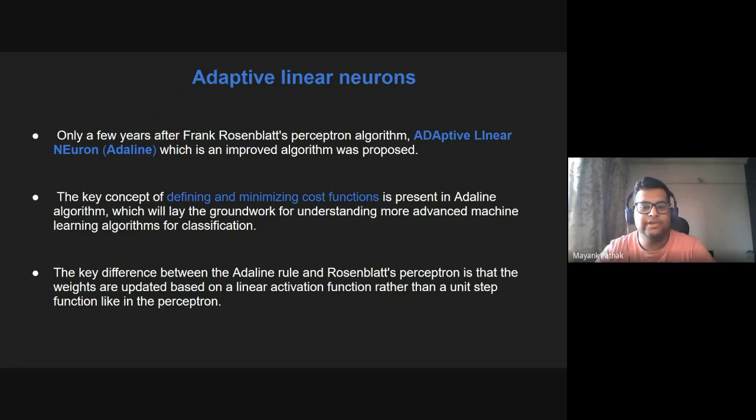The difference between them, majorly, was that in adaptive linear neurons, which together become Adaline, you can define cost functions. If you look at the previous version, you can just give a threshold and an activation function, but here we can also give a cost function so that we can minimize the weights.